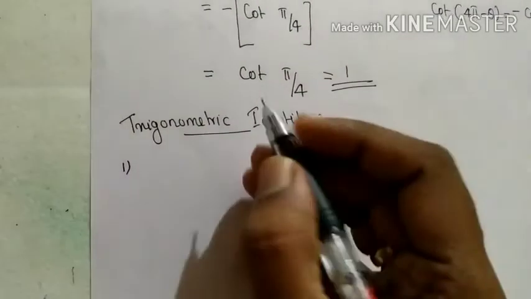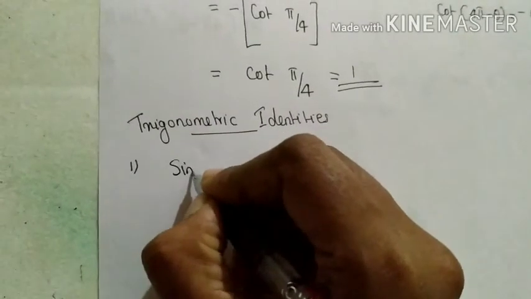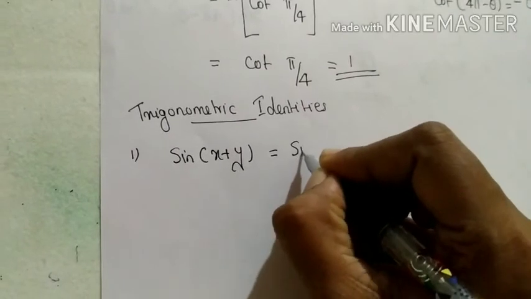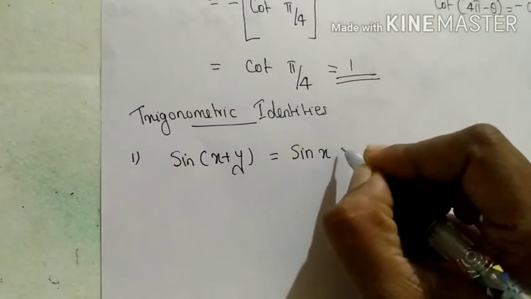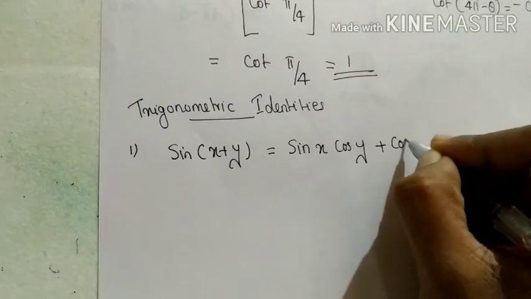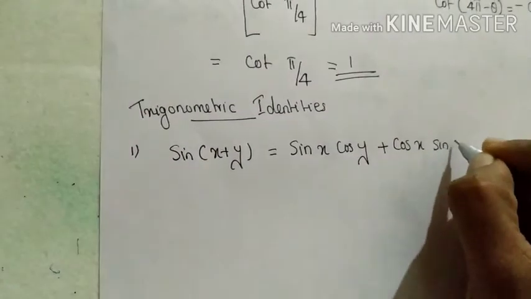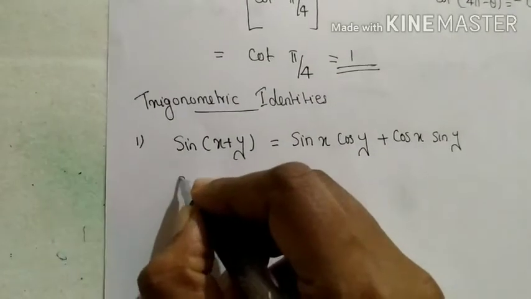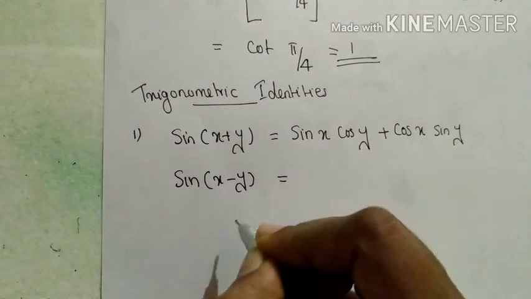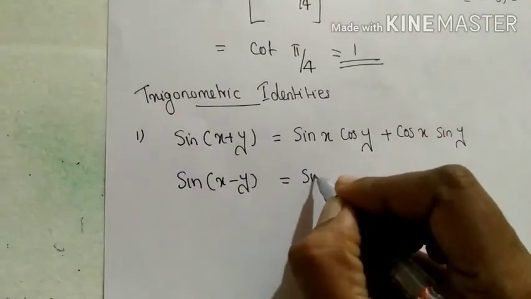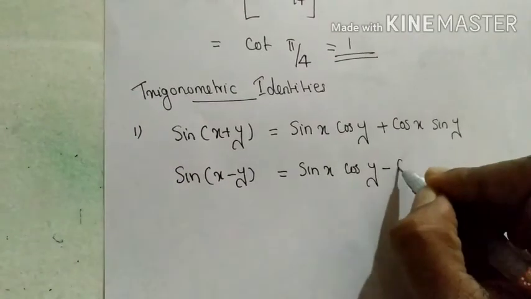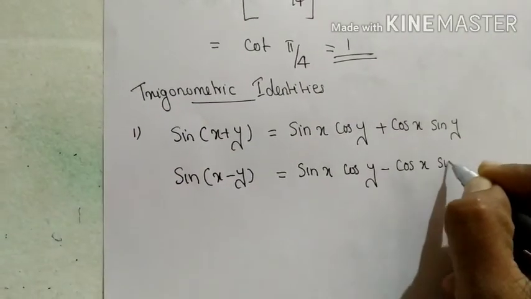The first identity is sine of x plus y is equal to sin x cos y plus cos x sin y. The next one is sine of x minus y is equal to sin x cos y minus cos x sin y.